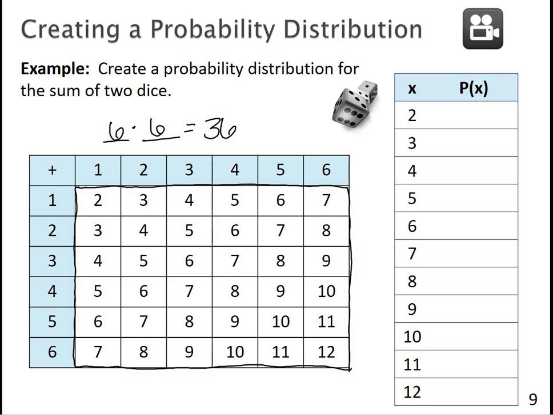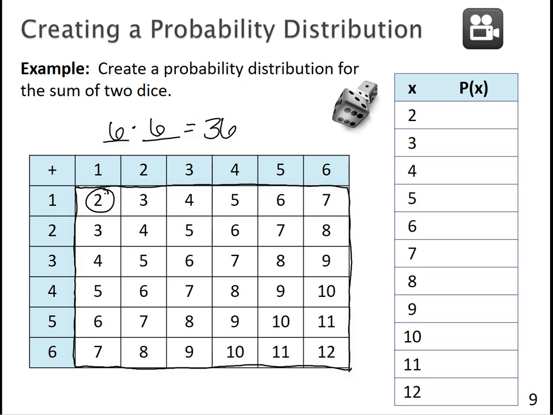All right, so then to find the probability for each one, I'm going to look to see how many times in my sample space chart each of those sums shows up in that table, okay? So let's start with X equals 2. So what is the probability of getting a sum of 2? I look at my table and I see that 2 shows up once in that table.